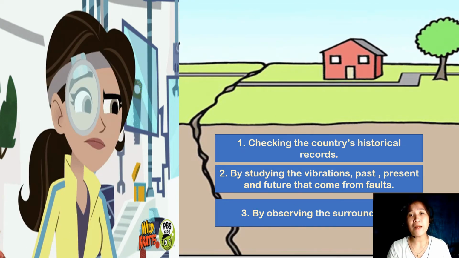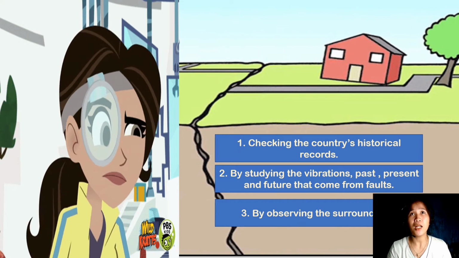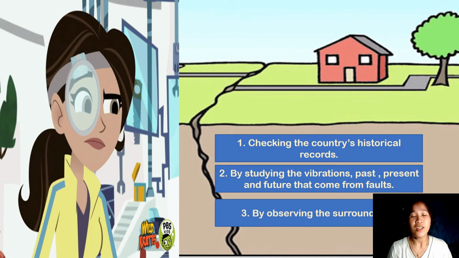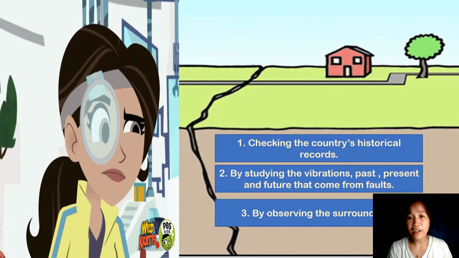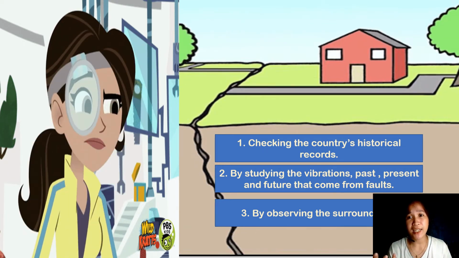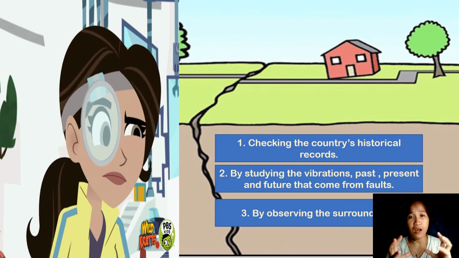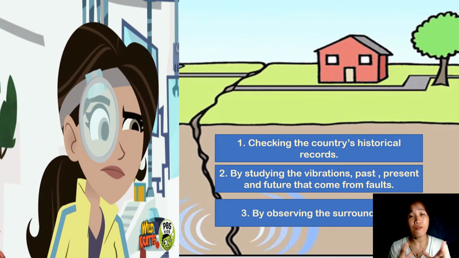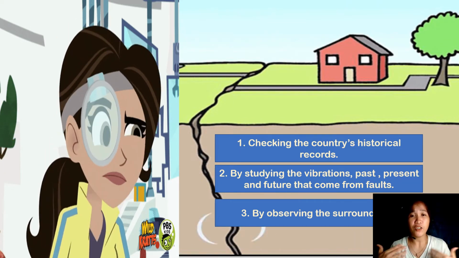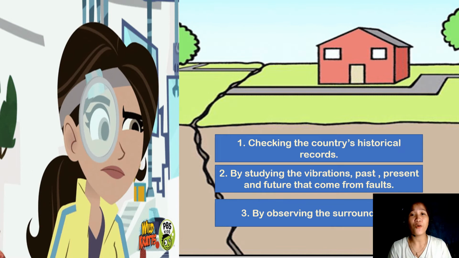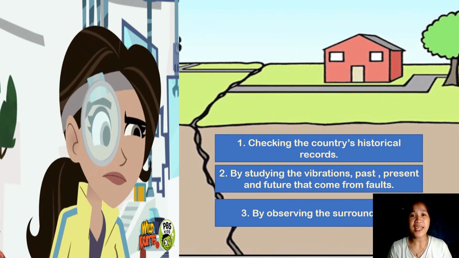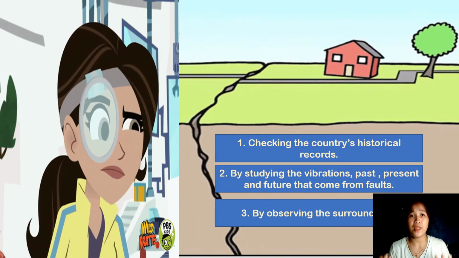Marami pa yung example. For instance, if you build a house near a fault, there is a tendency that when the fault moves, your house will have a break or damages in the future. But of course, scientists need a lot of training to do that.